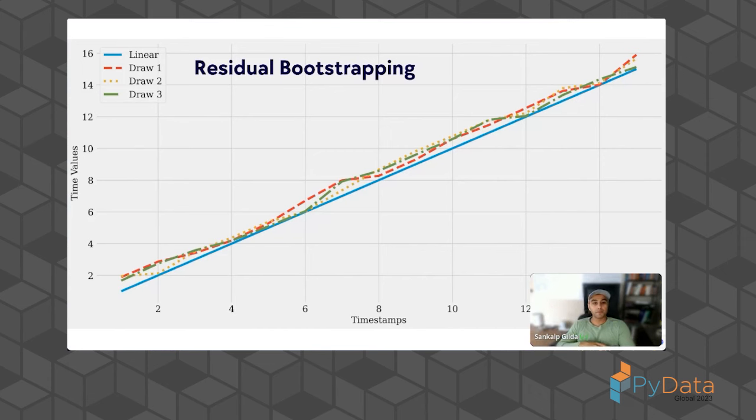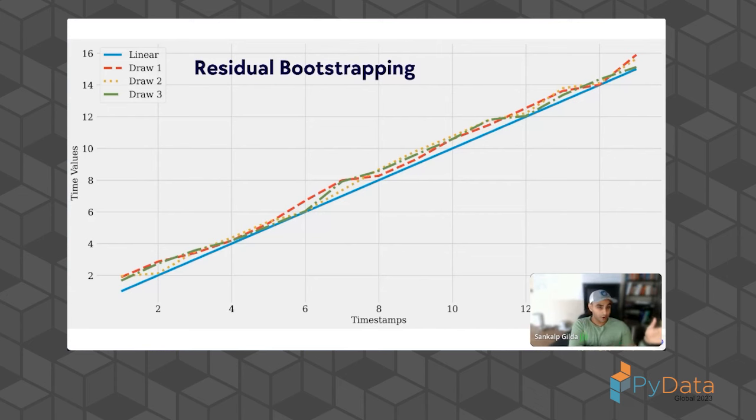In tsbootstrap, I've provided several statistical models, starting with ARIMA, SARIMA, AR, and some volatility-based models also to deal with financial data. This particular method can be advantageous, as it allows the bootstrap method to take into account the structure of the model.